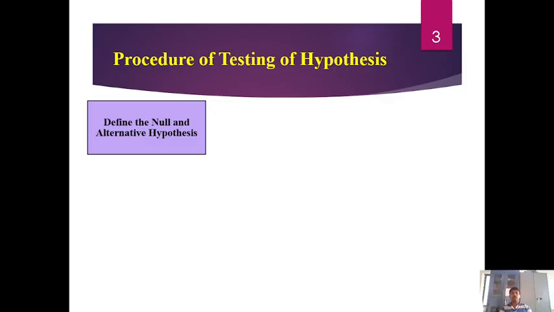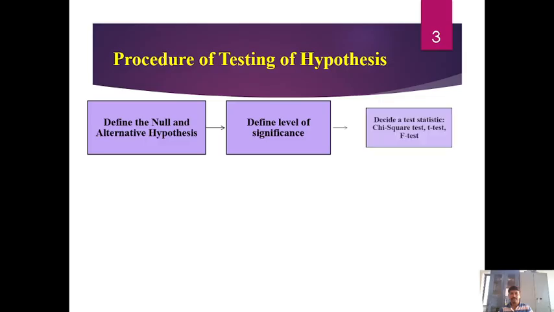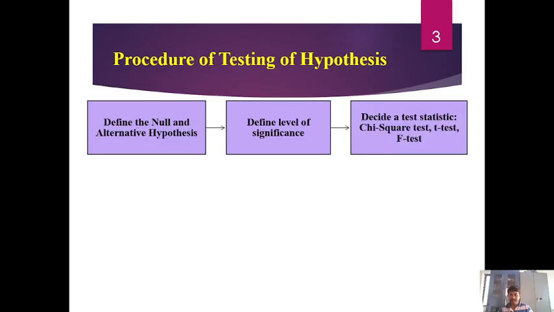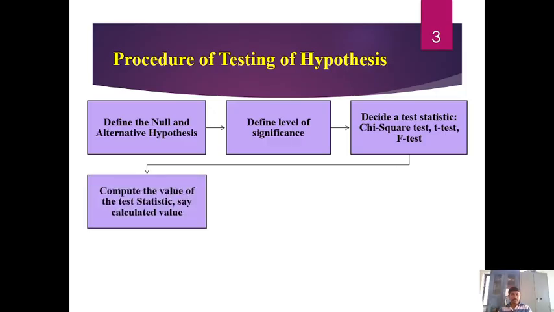Procedure of the testing of hypothesis is: first step is define the null and alternative hypothesis, define level of significance, decide a test statistic which is chi-square test, t-test or f-test. It is based on our null hypothesis or which test we are going to use. Compute the value of the test statistic, say calculated value.